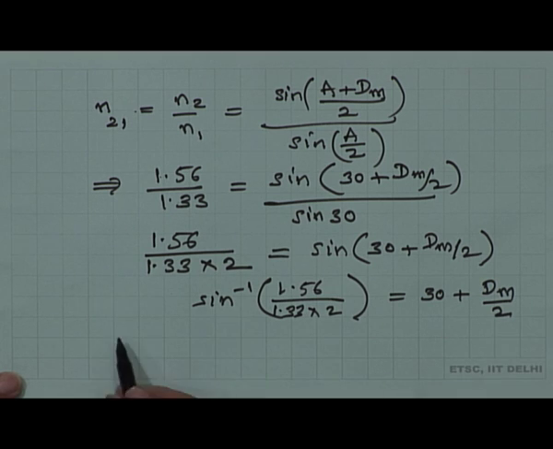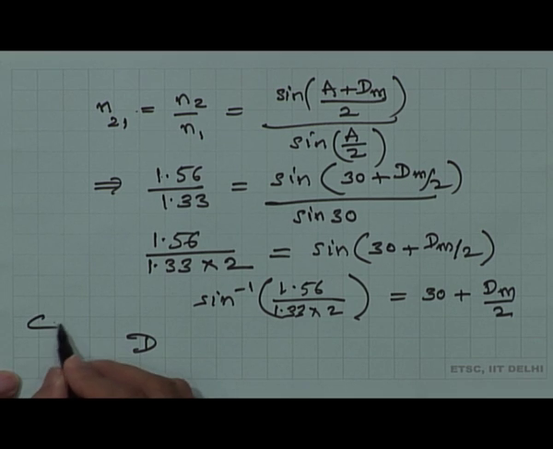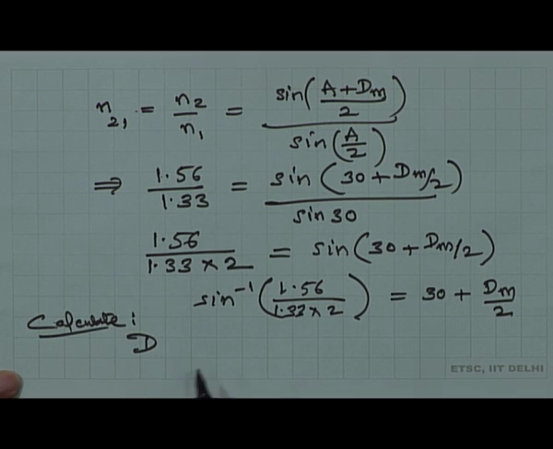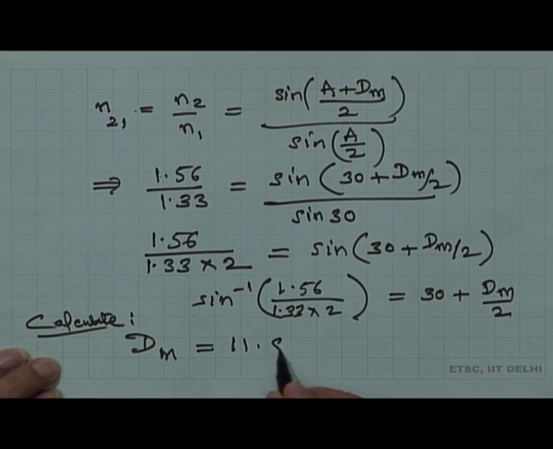So, we can bring this to this side and we will get the same answer. Calculating, dm is equal to 11.8 degrees as before.